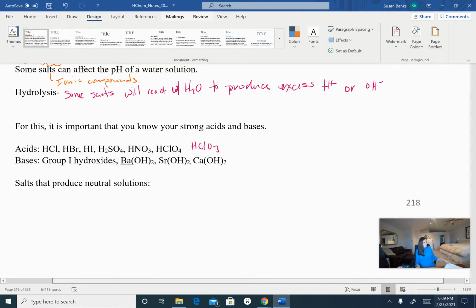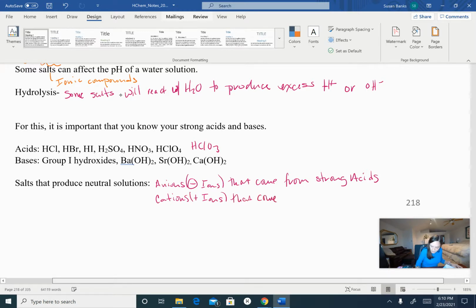So let's go through this piece by piece, and we're going to talk about salts that produce neutral solutions right now. Salts that produce neutral solutions have anions, or the negative ions, that come from strong acids, and they have cations, or the positive ions, that come from strong bases.